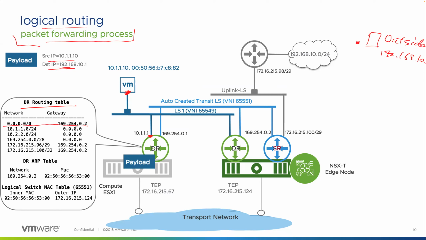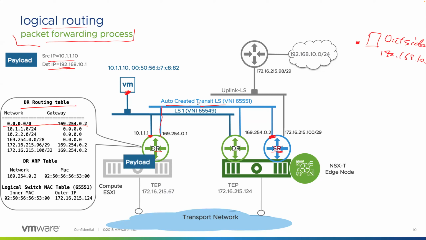So the next hop will be 169.254.0.2, which, where is it? It's right here, right? This is the SR's interface IP. That means the DR will send out the packet via this transit logical switch.